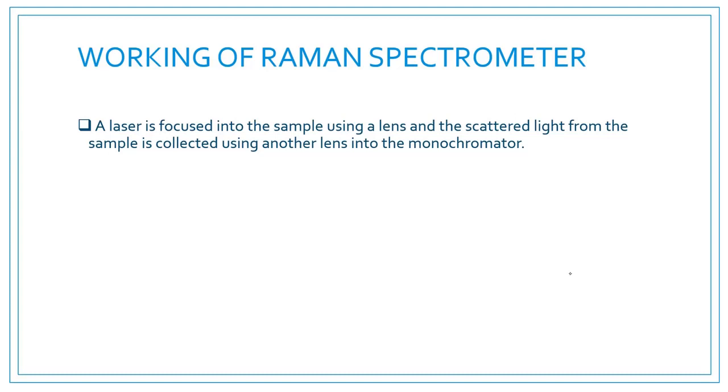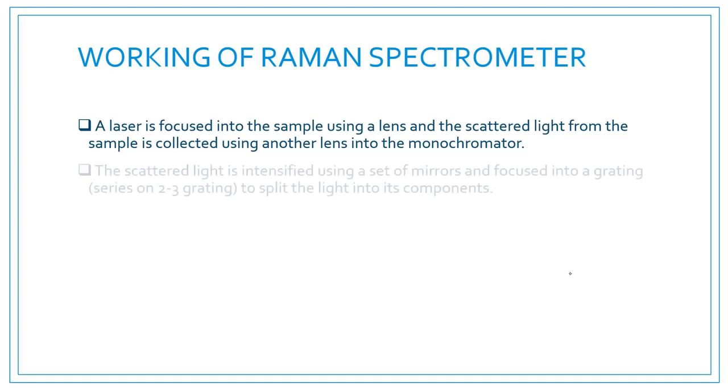Again we are expecting radiation in the Stokes regions and the anti-Stokes regions. All these scattered lights are collected using another lens and given to the monochromator.